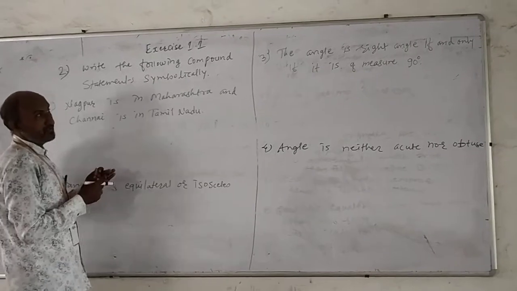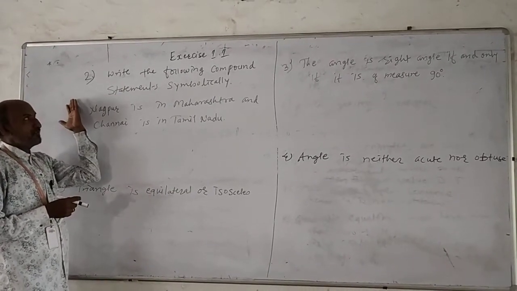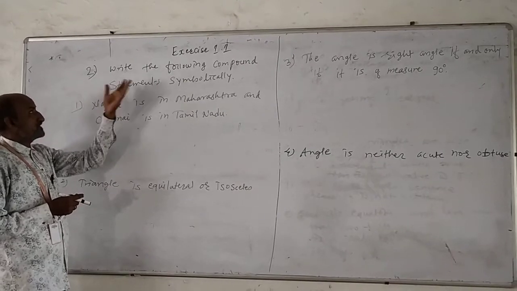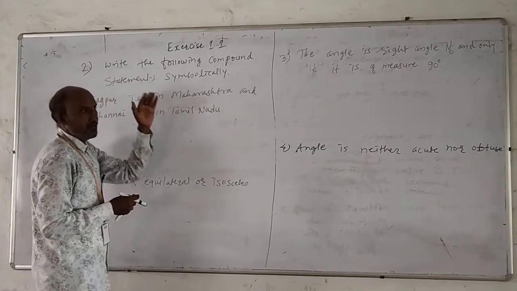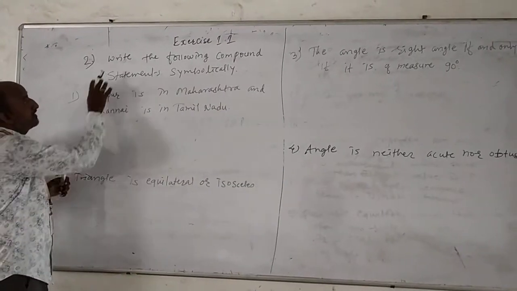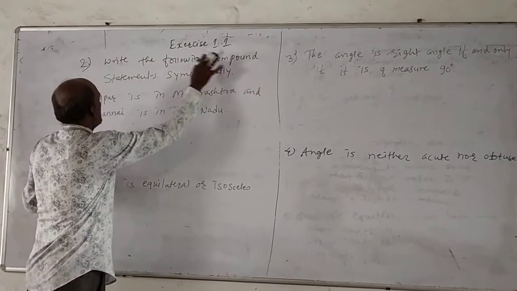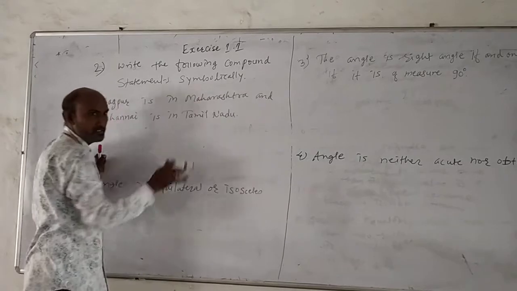See here, in the previous lecture, exercise 1.1, question number 1 is solved. The same depends on logical connectives. The second question is: write the following compound statements symbolically.